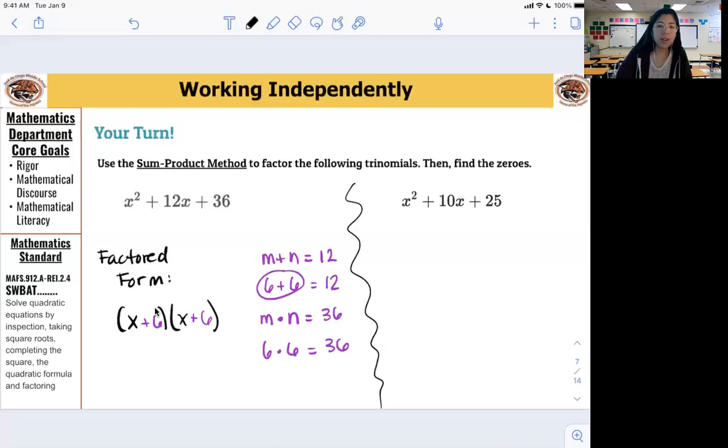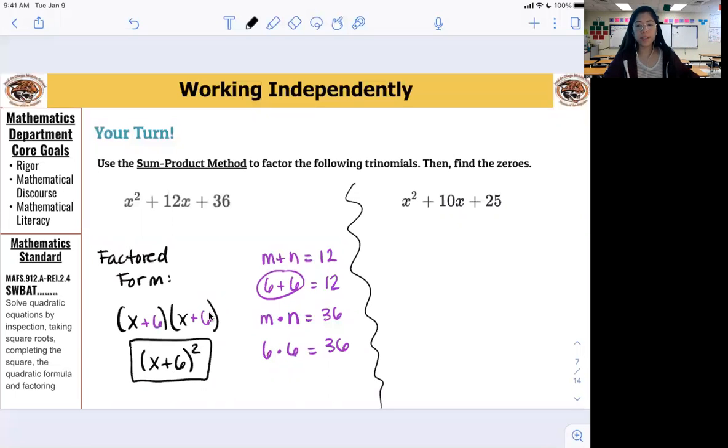Exponent of 2. Remember, when you multiply something times its own self, you're really doing the power of 2. So this is the final answer that I get for factored form. It's x plus 6 times x plus 6, so it gets an exponent of 2. Questions on that?